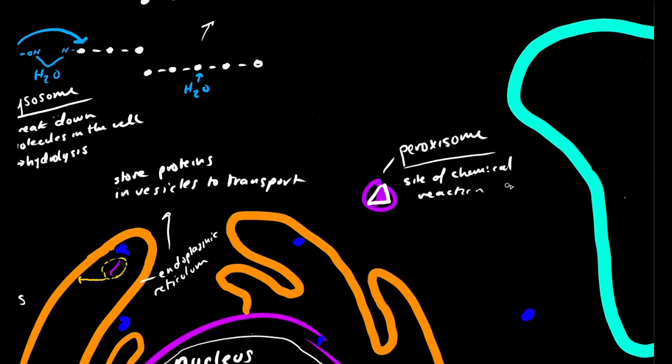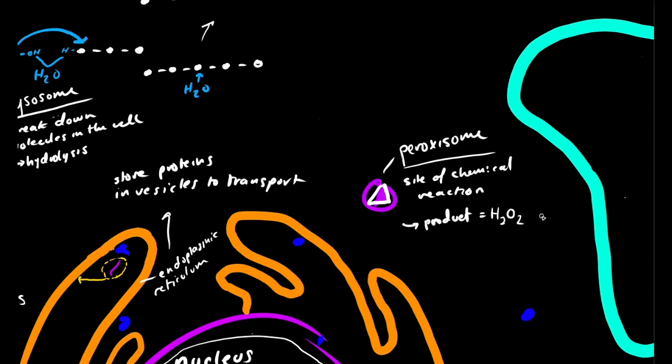The site of chemical reaction. And its main purpose is, well, to carry out these chemical reactions. Usually, it could either break something or make a certain molecule. And in the process, the product usually always contains hydrogen peroxide, H2O2.